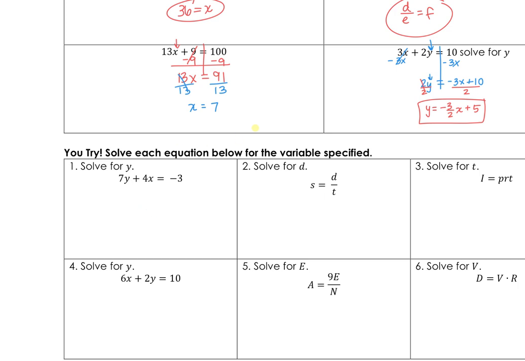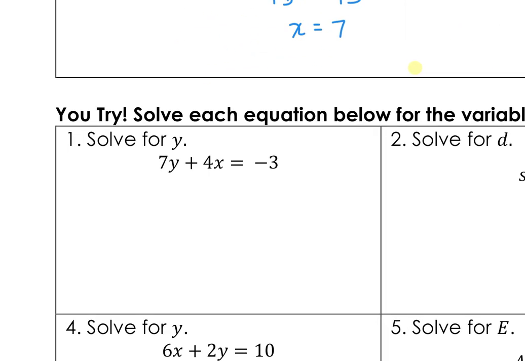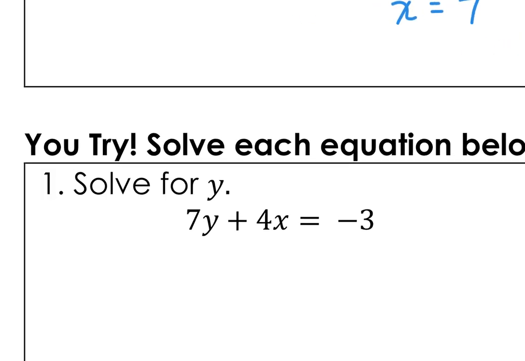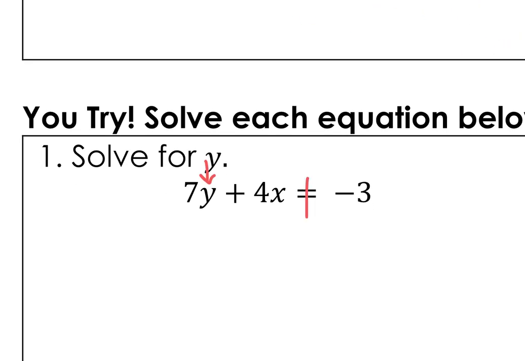Number 1 is similar to what we just did. We've got 7y plus 4x is equal to negative 3. And we're solving this one for y. So just like before, y is being multiplied by 7, but we're also adding this 4x. Just like we talked about with traditional equations, we said you always undo the addition or subtraction before you'd undo this multiplication.